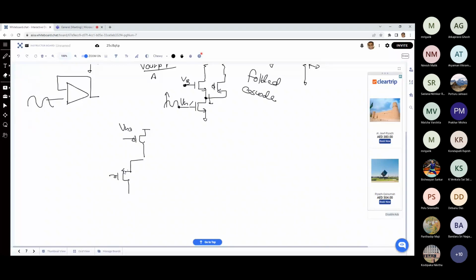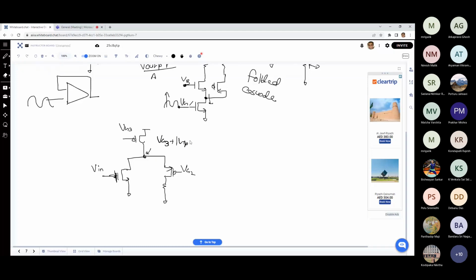This is the input device, Vin, and this is your load device, Rout. So in this case, my swing, if I talk about it, here VG2 is coming, and as compared to that, of course, this potential maximum can be VG3 plus mod VTP, right? So VG3 plus mod VTP.